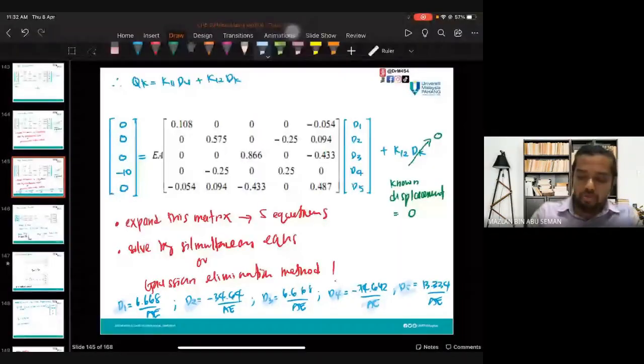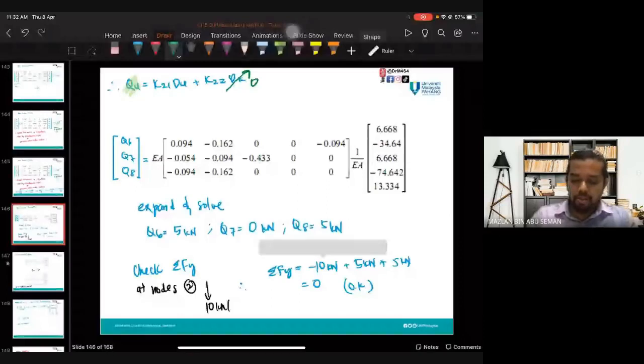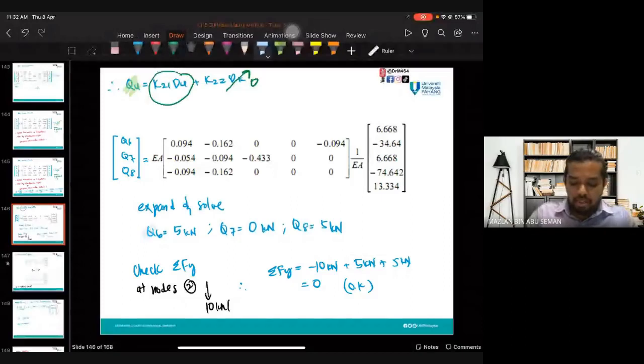Next, you do QU. For that one, dk is 0, so you can cancel it out and just leave this matrix. You expand or use Gaussian elimination, and you get values for Q6, Q7, Q8. This one is still capital Q, that is for the force.